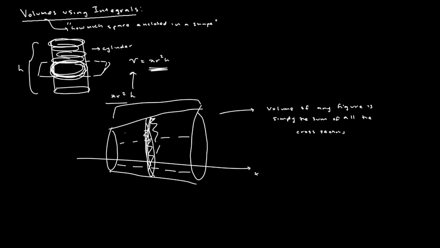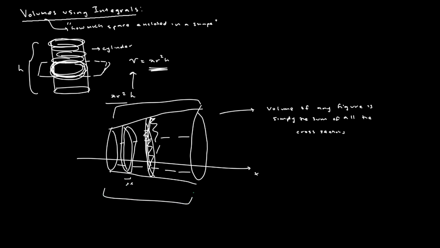So let me redraw it here. You have that cross section over here and I'm taking an infinitesimally small dx, and that creates a very small shape. Adding up all those infinitesimally small volumes over the whole x-axis that the figure takes on will give me the total volume.